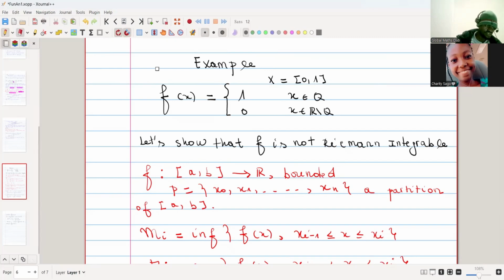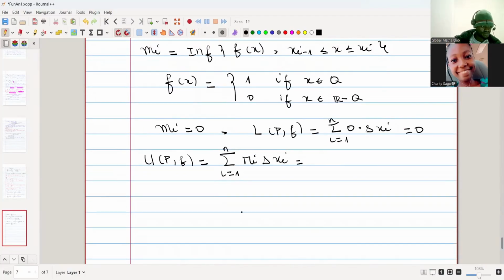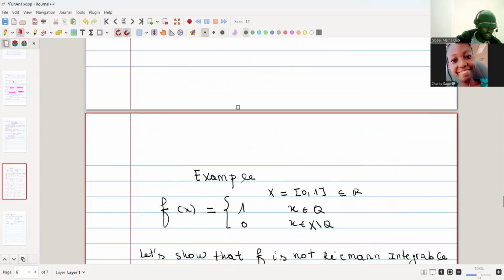So we know that if this one does not work in 0, 1, it's not going to work on R. So just do a restriction. Now it means that our interval ab is 0, 1. Or you can take any interval like ab, it doesn't matter. Any interval that you want in R.